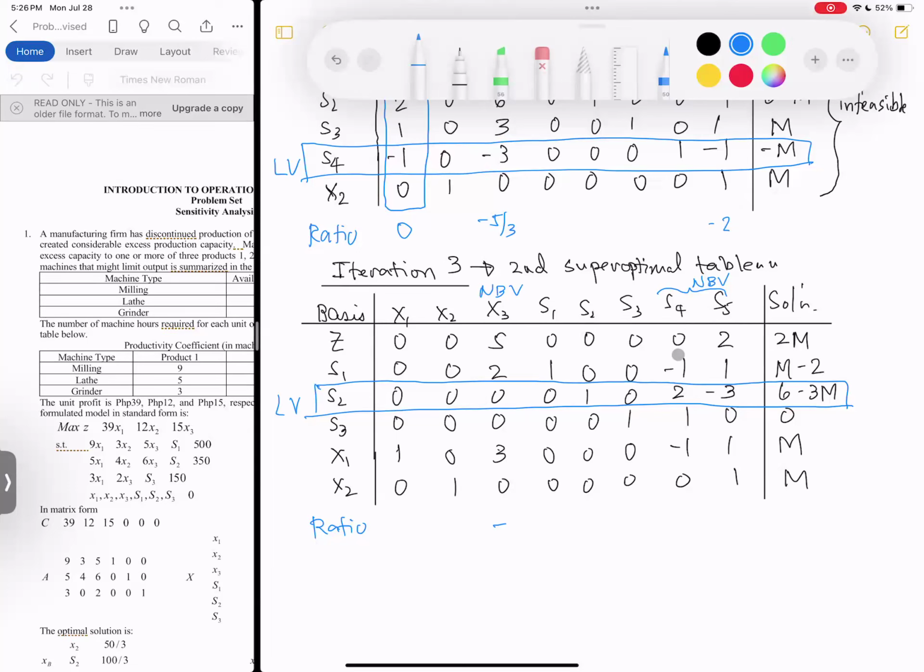Next, for S4 and S5, you have 0 divided by 2. Do not get the ratio ulit, sir. Okay, do not get the ratio. And therefore, you have 2 divided by -3, -2/3, right? So, smallest absolute ratio, isa lang naman. So, only 1. So, you have this as your leaving or entering variable. Okay? So, we go to iteration 4.